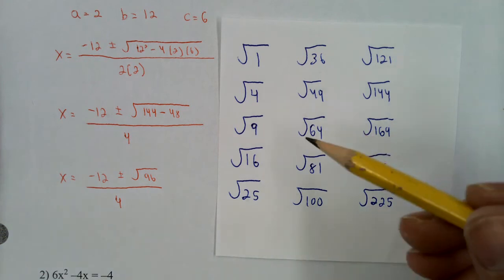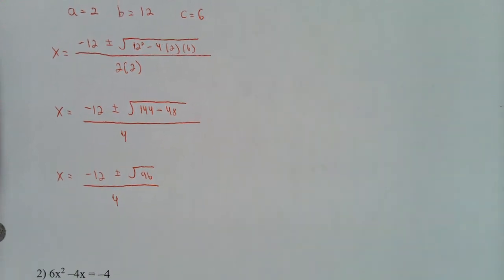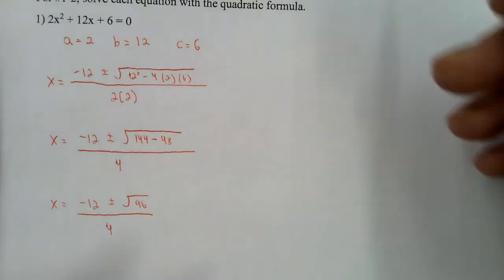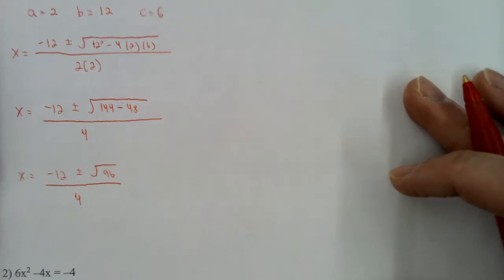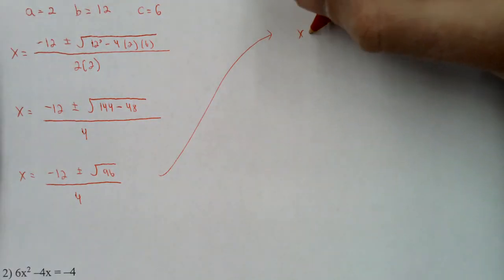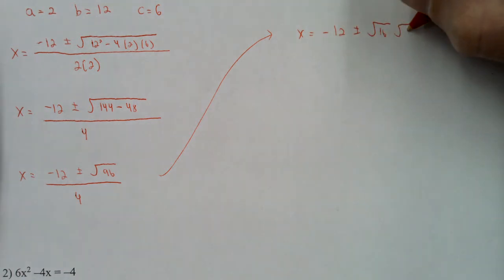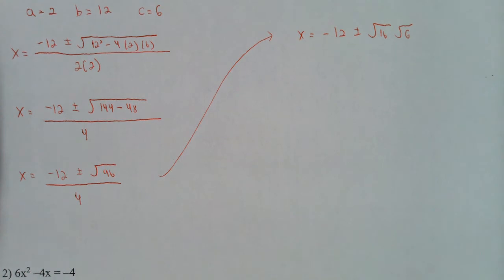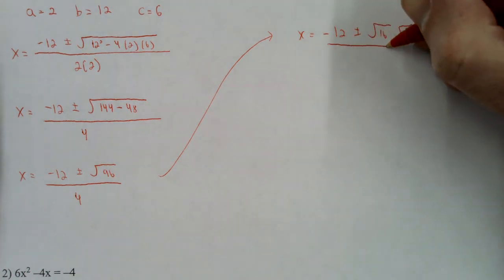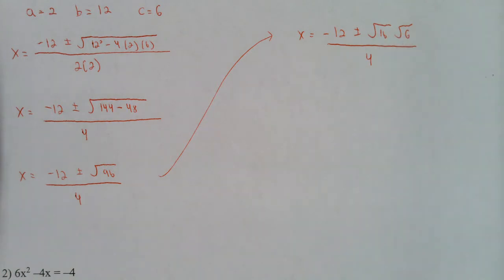So 16 is a number we're going to use. So I break down 96 into 16 times 6, all divided by 4 still. We'll make the square root of 16 4.